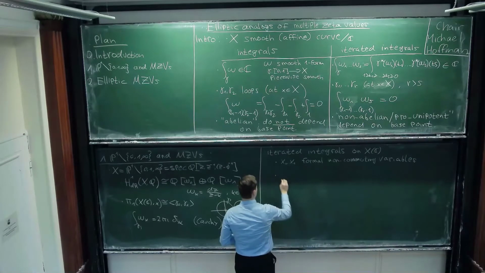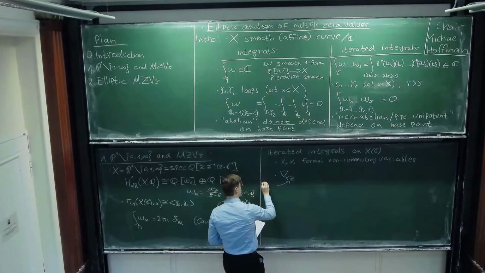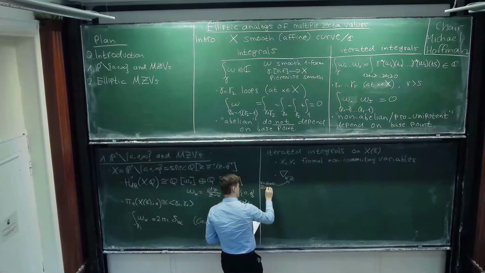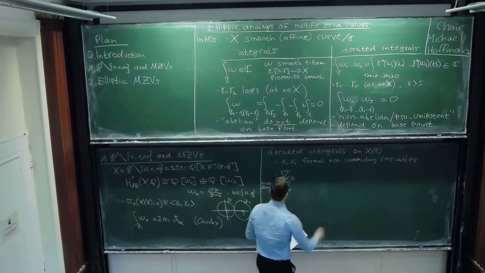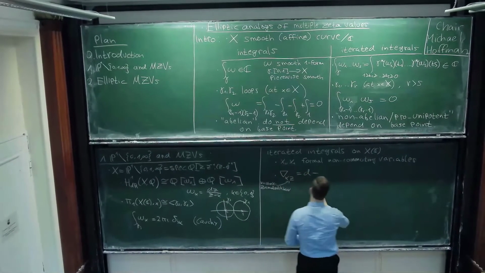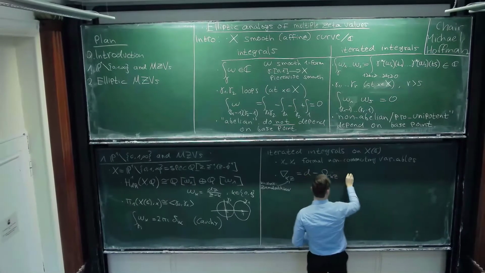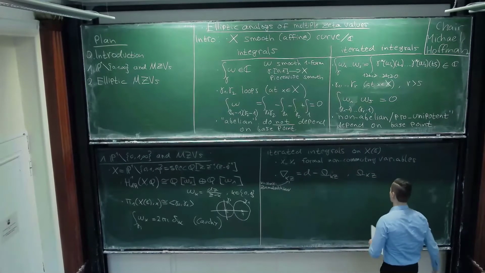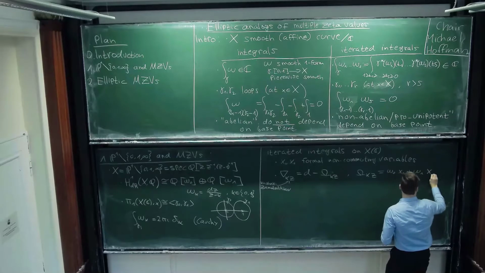And I'm going to look at the following connection, nabla KZ. KZ here stands for Knizhnik and Zamolodchikov. The KZ connection is given in the following way. It's d, the differential, minus the connection form capital omega KZ, where capital omega KZ is a one-form taking values in the formal variables, and it's omega 0 times x0 plus omega 1 times x1.